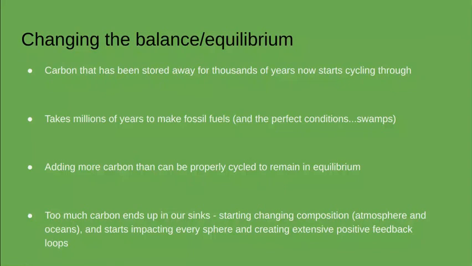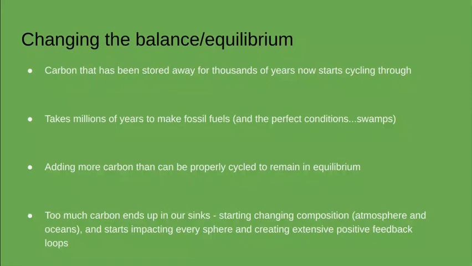We can't make those fossil fuels as quickly as we are burning them, because in order to make fossil fuels, it takes thousands of years and the most perfect conditions to create coal and oil. Basically, we're adding more carbon into the system than the system can naturally maintain and keep in equilibrium. So we get too much carbon ending up in our sinks and it's starting to change our composition.